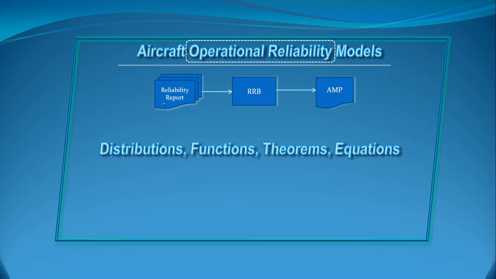Suppose we just issued our reliability report. We publish it, and our reliability review board reviews this report, and what we see is bus power control unit, BPCU, removals exceeding the alert level. The RRB makes a decision to include a new task in the maintenance program, a soft time section, BPCU removals for overhaul.